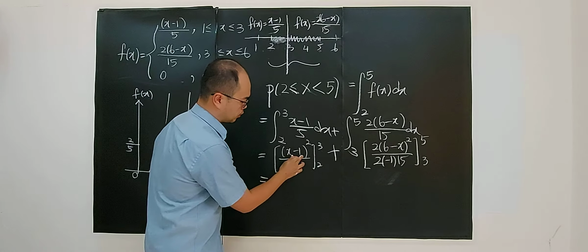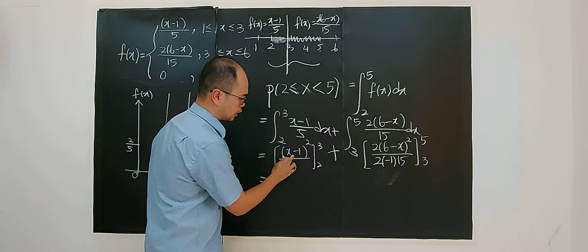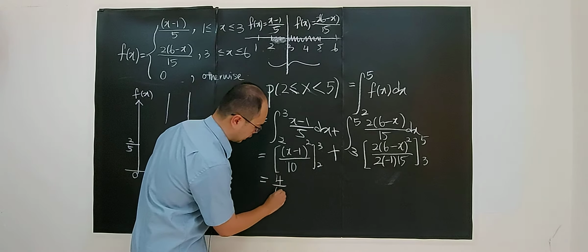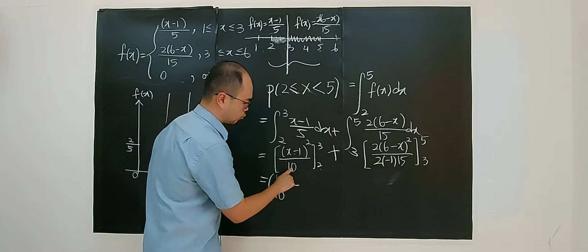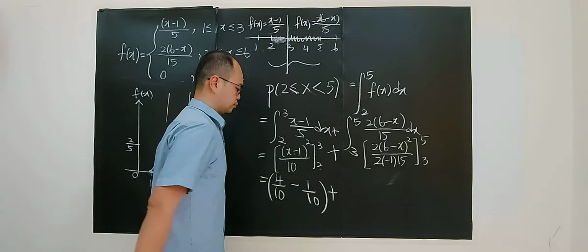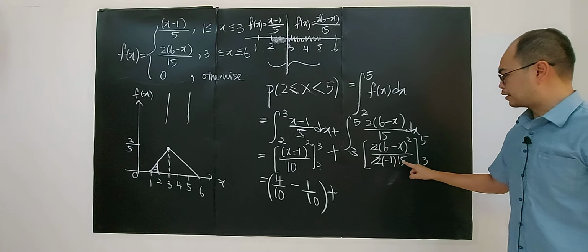So 3 minus 1, we have 2, 2 to the power of 2 will be 4 over 10, minus 2 minus 1, which is 1, so 1 over 10. Adding with this one, you have negative 15.